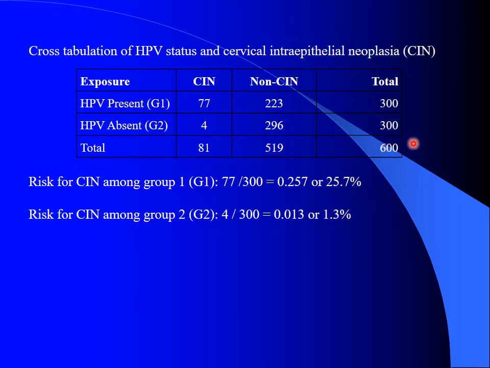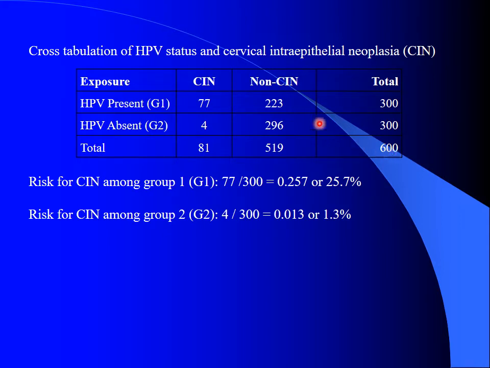So we can calculate the risk of getting pre-cancer. When we follow up 600 women, we got 81 new cases, so 81 divided by 600 will be the risk of getting pre-cancer.